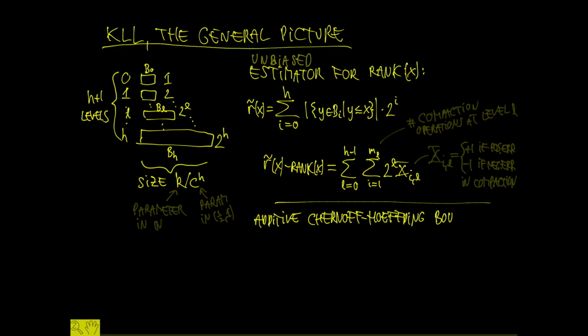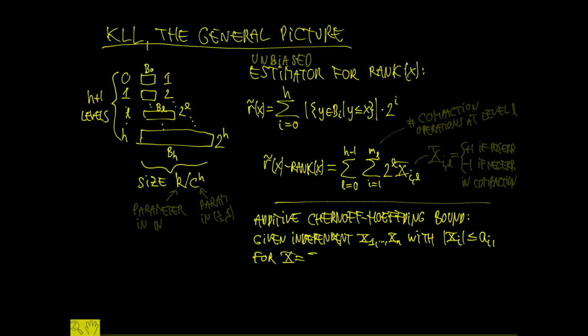This looks a lot like the kind of things we have seen how to bound using Chernoff bounds. What we need in this case is a slightly different variant that I didn't talk about before, but it's in the book. Let me state the special case we need. We have a bunch of independent random variables, all of them bounded by some value AI, which could be different for each of them.